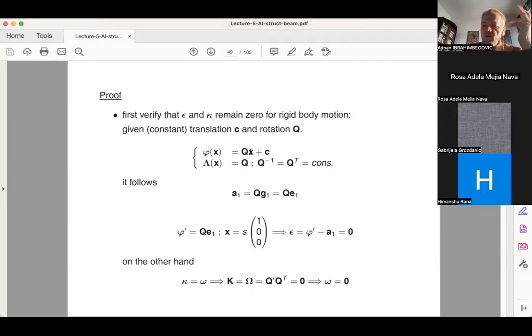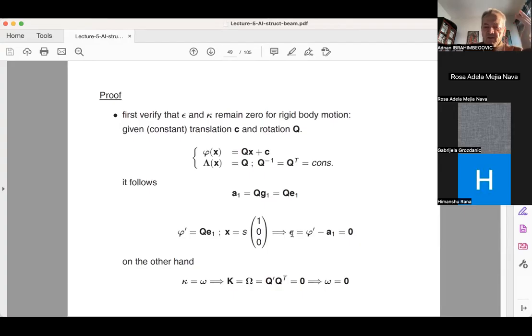So this is Q, again a constant tensor, times the position vector X. So lambda is just equal to this Q. Hence, I can say A1 is equal to Q times G1, which is equal to Q times E1. I started with, let's say, a horizontal beam, which is aligned with the coordinate axis. And then phi prime is simply, since Q is constant, E is constant.